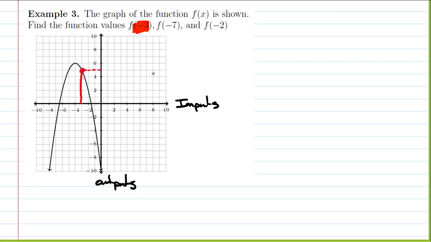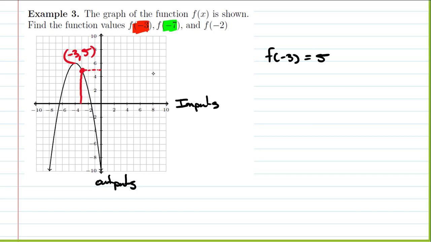And that will give me that point on the graph. So at negative 3, the output, or the vertical axis, or the y value is 5. So that would give me that f of negative 3 is equal to 5.